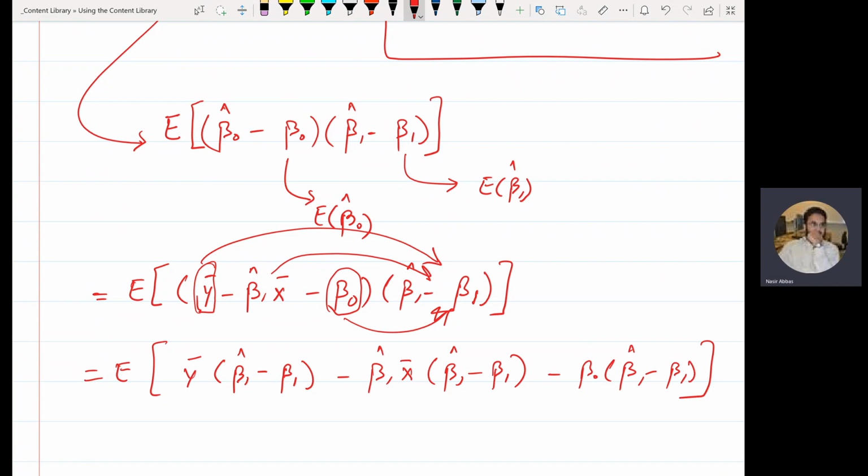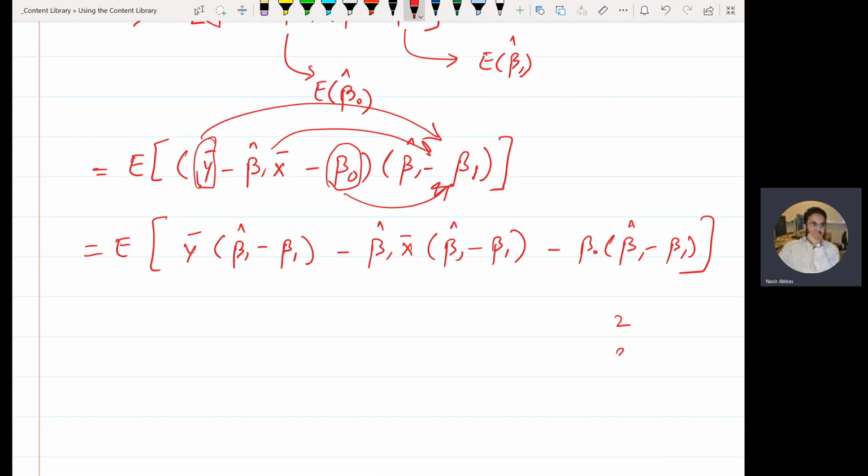Now, this is simple. What is the mean of a constant? If I have a constant 2, the mean of a constant is the same constant, right? If you take the mean of beta 1, which is a constant, it will be the same.